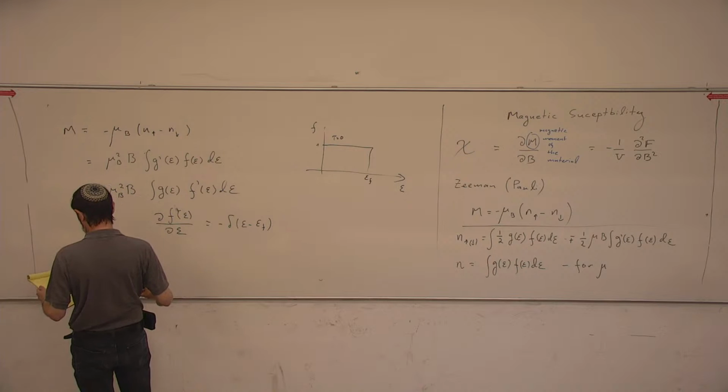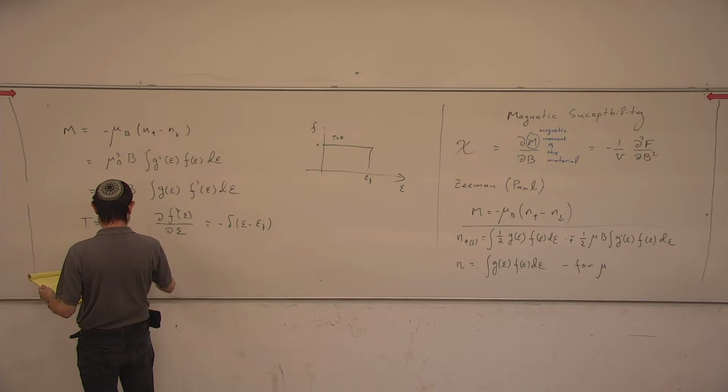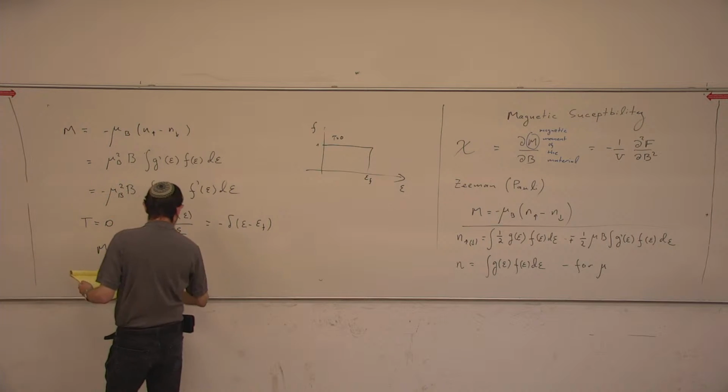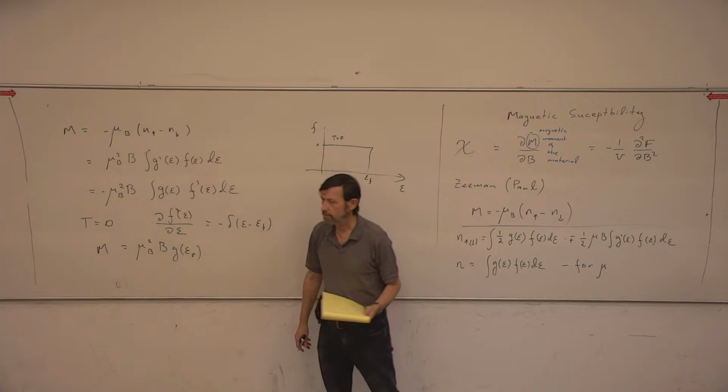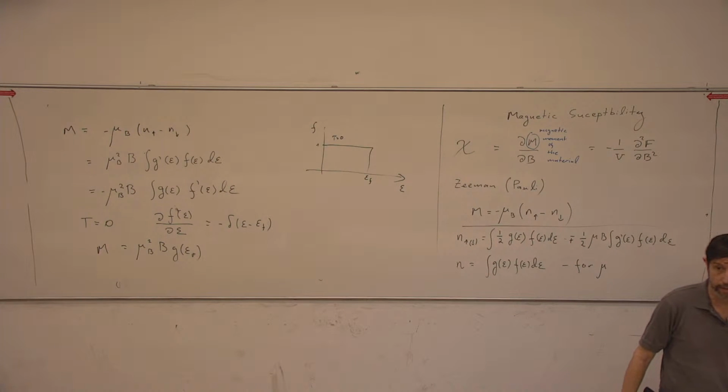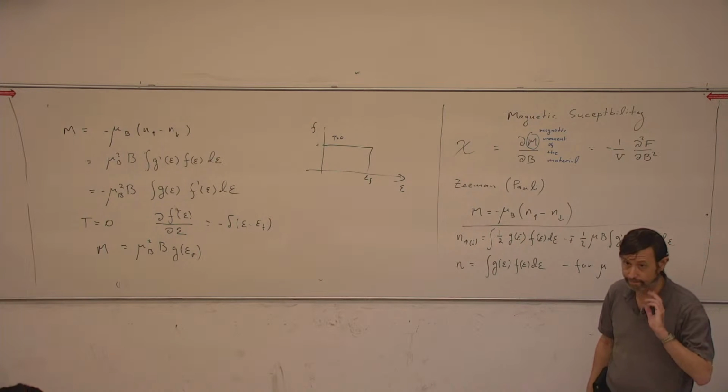So n in this case depends only on the density of states at the Fermi energy.